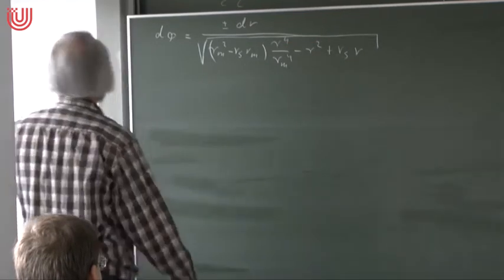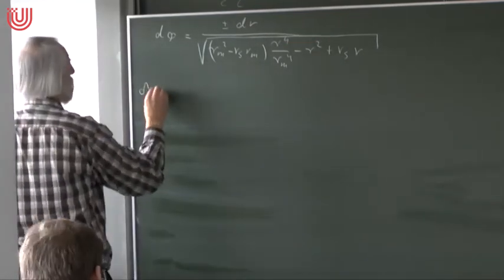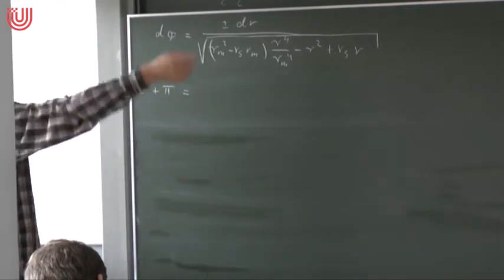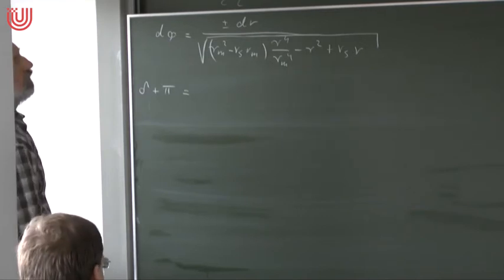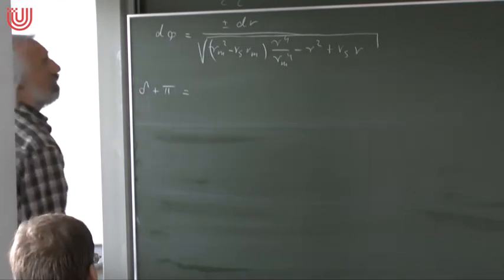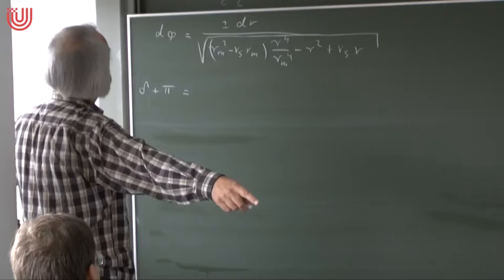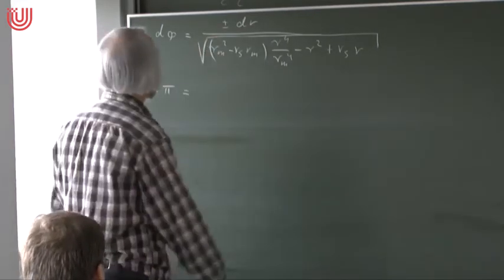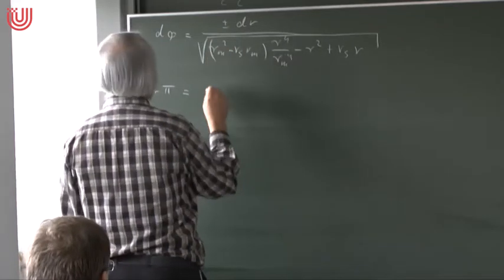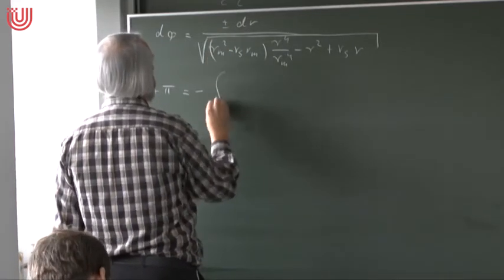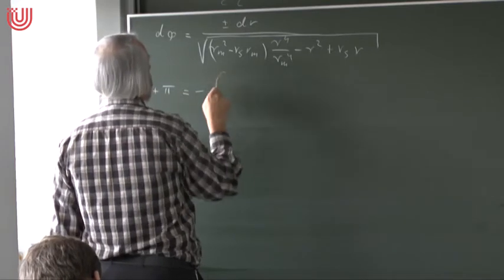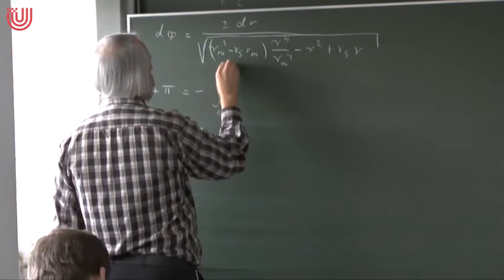whole orbit. So if I want to get my angle delta plus pi, this is the phi coordinate integrated over the whole orbit. Then my light ray comes in from infinity. There, the r coordinate is decreasing, so I have to choose the minus sign, right? The minus sign, and the r coordinate goes from infinity to Rm.